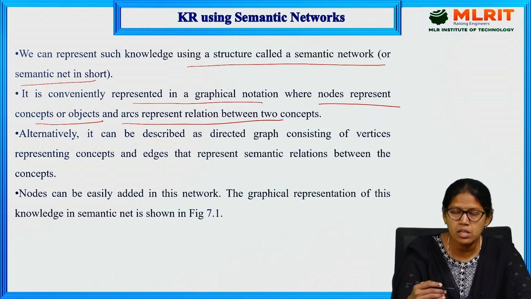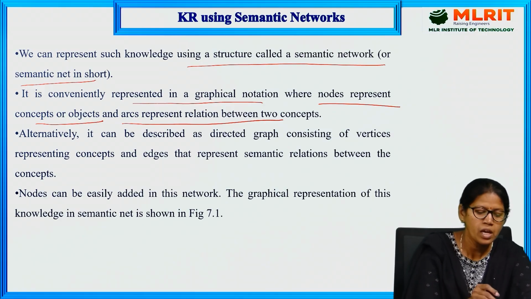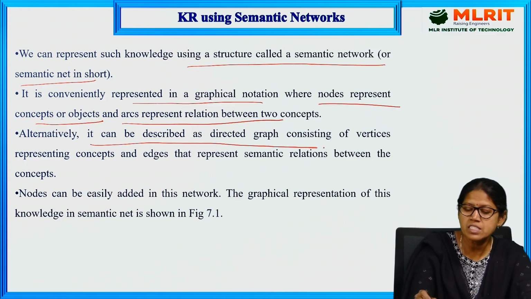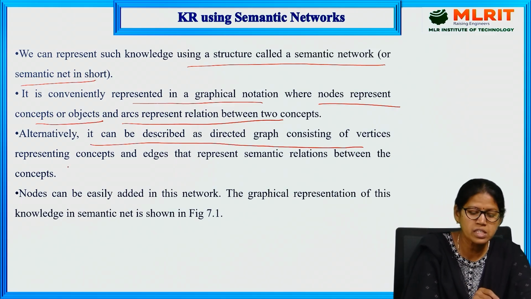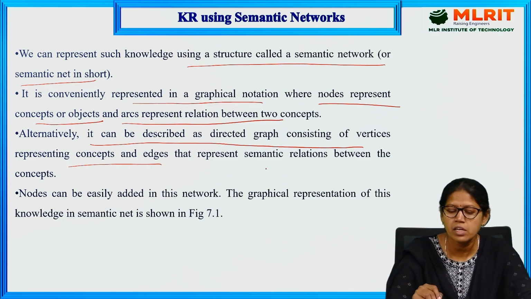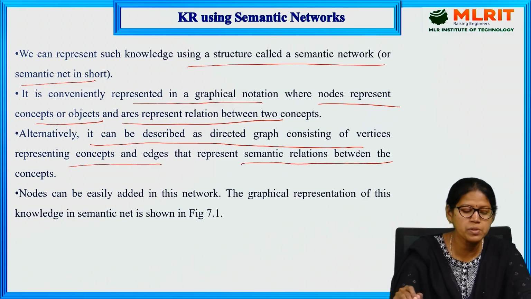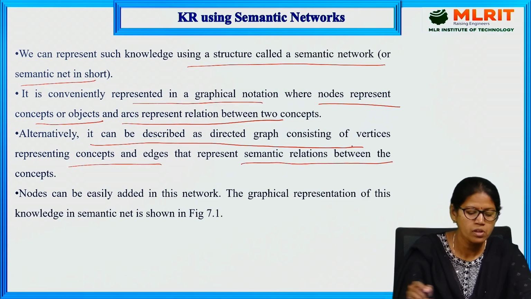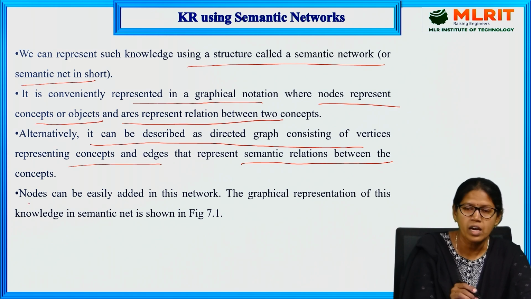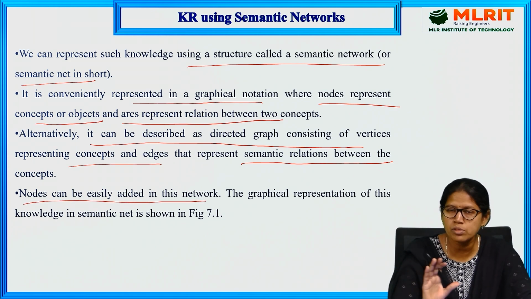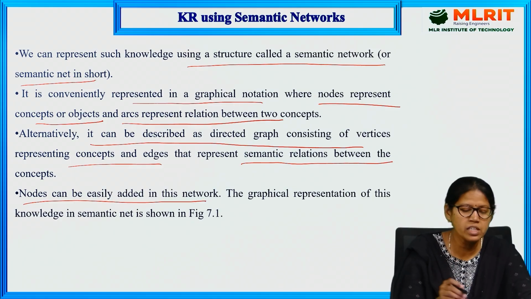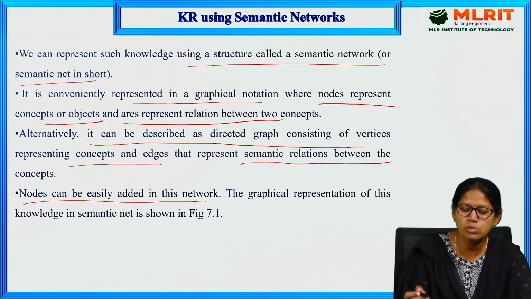Alternatively, it can be described as a directed graph consisting of vertices representing concepts and edges representing the semantic relation between the concepts. So nodes can be easily added. If you add more knowledge to the same knowledge, it is easy to add that into the network.